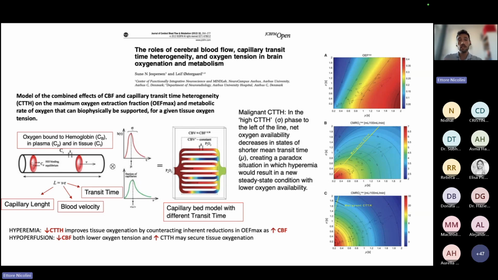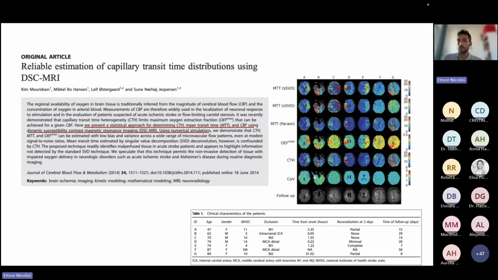After this theoretical model, subsequently Mouridsen and colleagues tried to transpose it to MRI perfusion. So they created a statistical approach to use PWI images to calculate CTH and consequently OEF.